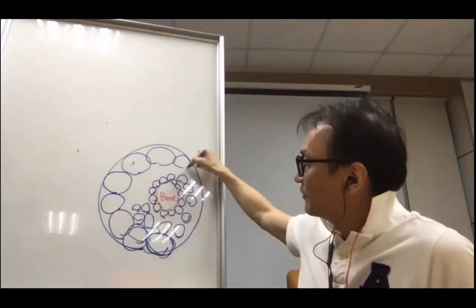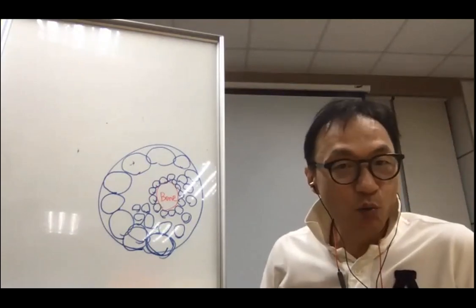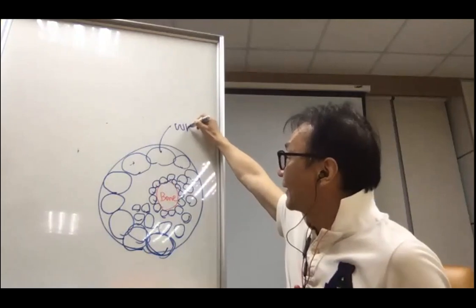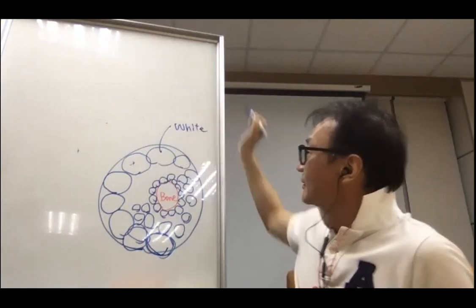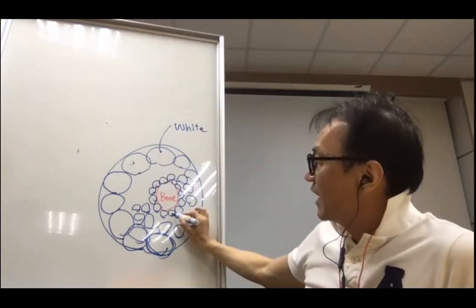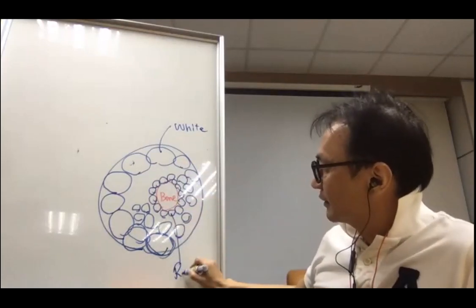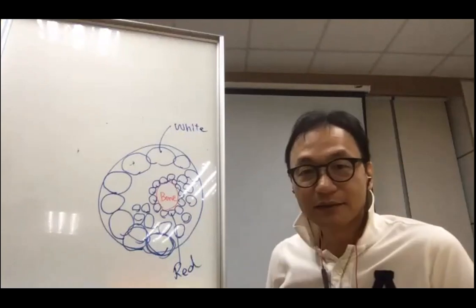Big muscle fiber that has a very small amount of mitochondria. And the color of these myofibers is white. And the myofibers surrounding the bone are red. Right?